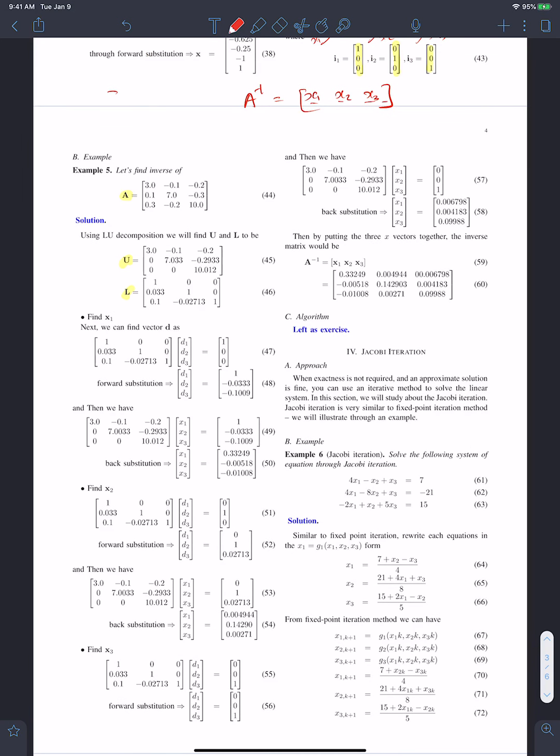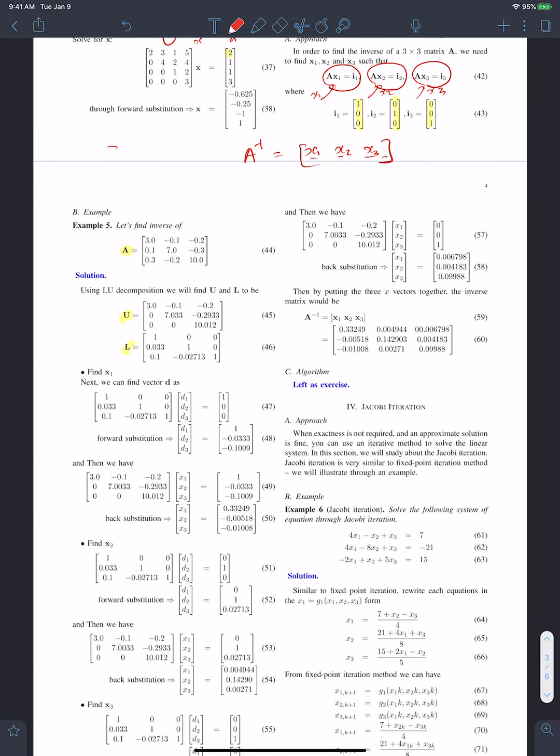Okay. So first we are going to solve AX1 is equal to I1. So we have three problems here. Problem 1 is this, problem 2 is this, problem 3 is here. AX1 is I1, AX2 is I2, AX3 is I3. And we already decomposed A into L and U. So we just use forward and backward substitution to find X1, X2, and X3.